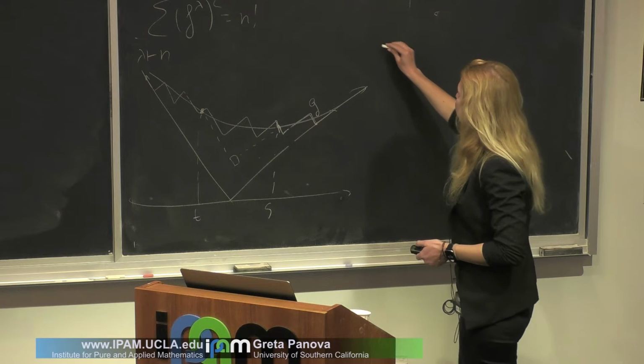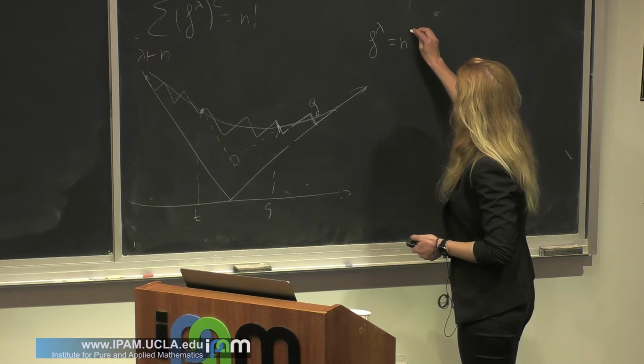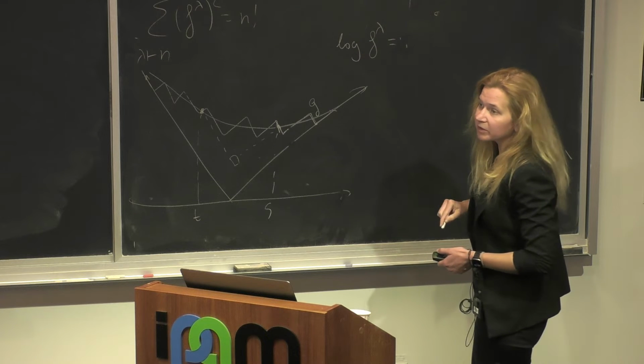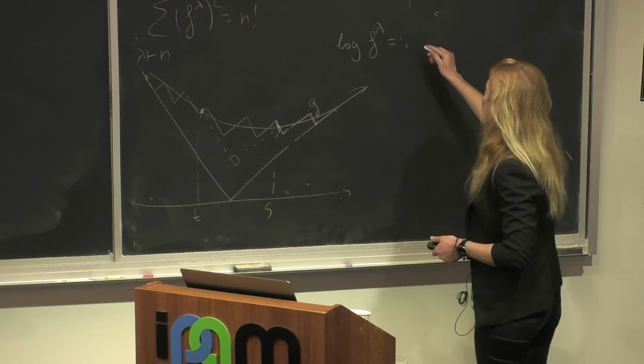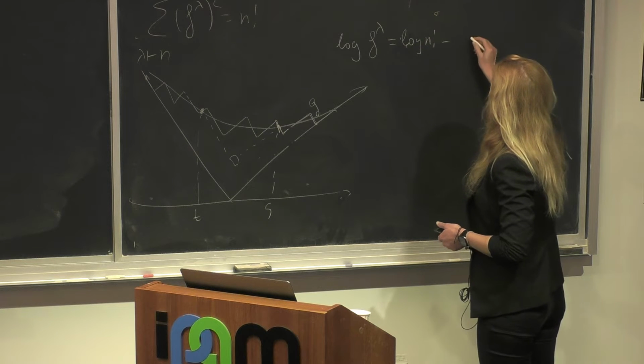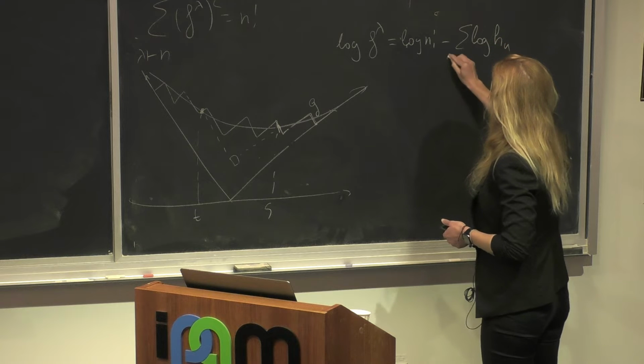So f lambda, of course we're going to take a logarithm, since having a product formula is nice. So this is going to be log n factorial minus the log of all the boxes, of course.